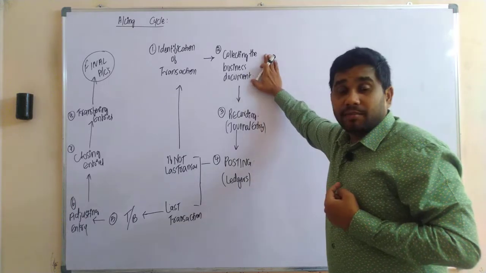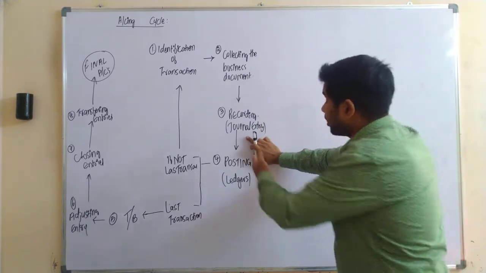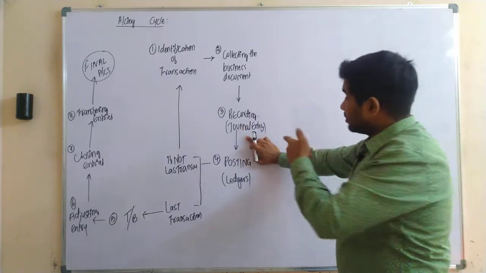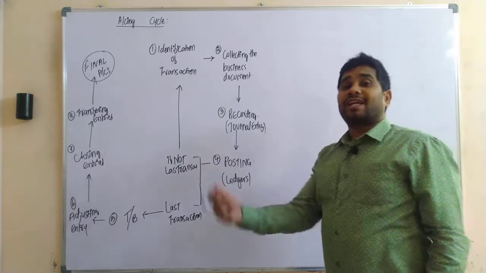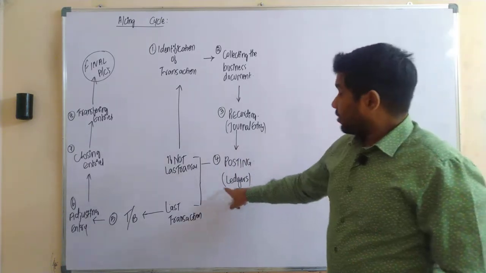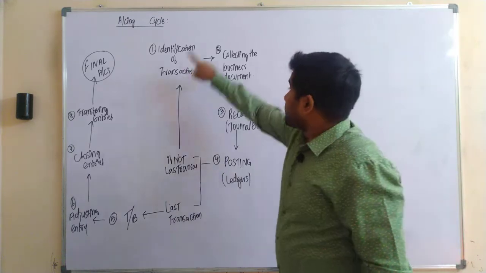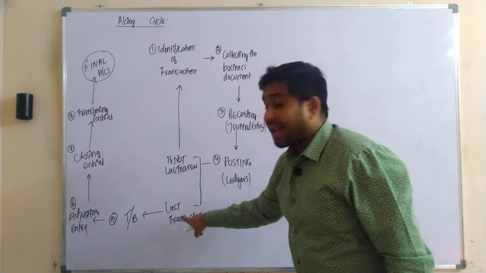And after collecting the business document, it needs to be recorded. Where are you going to record? You are going to record it in your journal entry. And after recording in the journal entry, based on the nature of the transaction, you are going to separate it through ledgers.